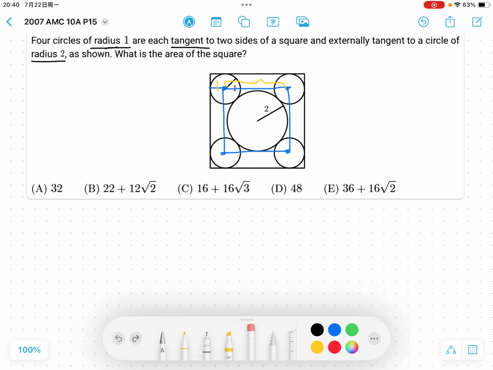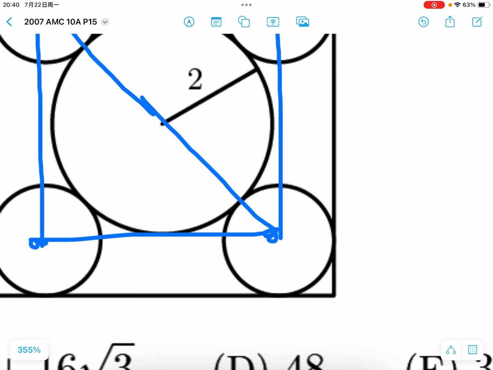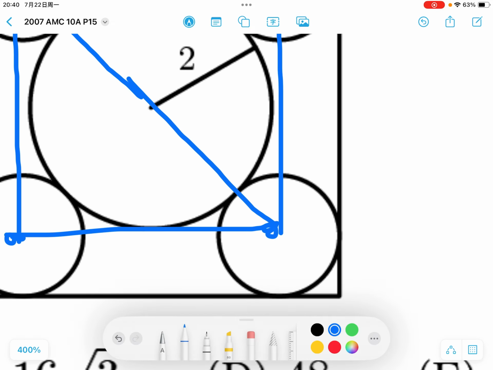We can try to solve for the side length using the information we already know. So what do we already know about the square? We know that it has a diagonal length of 6. How do we know that? If we zoom in here, you see that this part is the radius of the small circle, and this is 1.